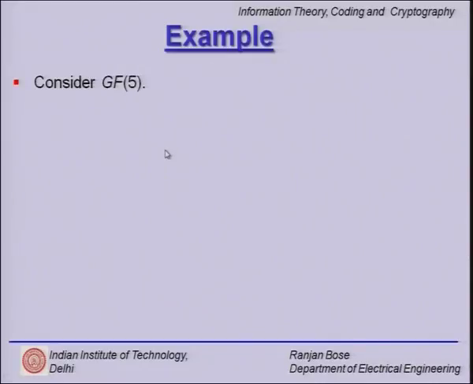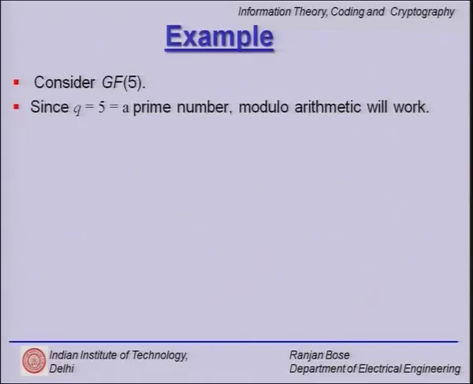Let us do a very quick example. Let us talk about GF(5). Now, 5 is a prime number. So, Galois field exists and modulo arithmetic will also work. Now, let us say the elements of this field are 0, 1, 2, 3, 4. So, consider the element 2. Now let us look at all the powers of this element 2.